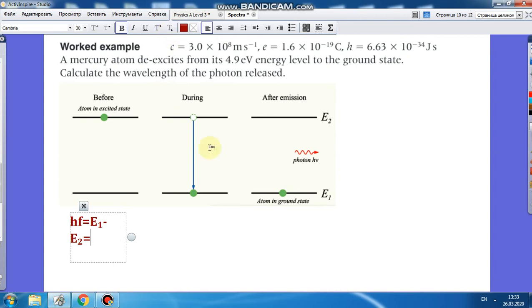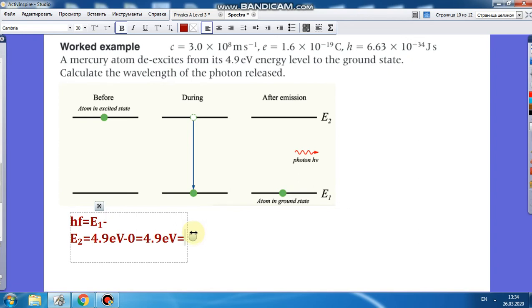So E1 is 4.9 electron volt, minus E2 which is 0, so 4.9 electron volt.